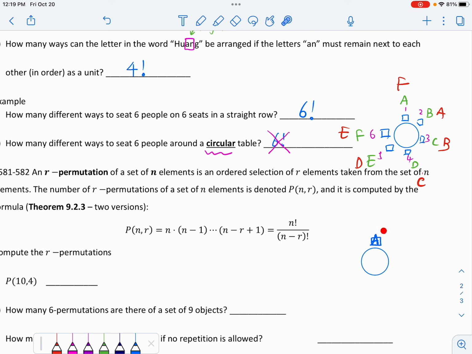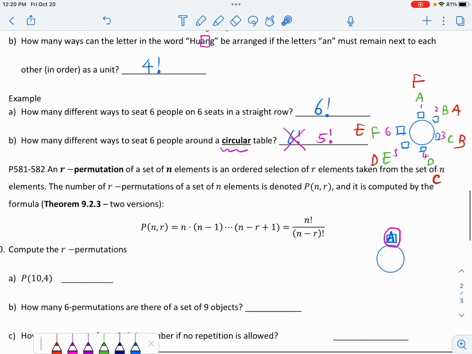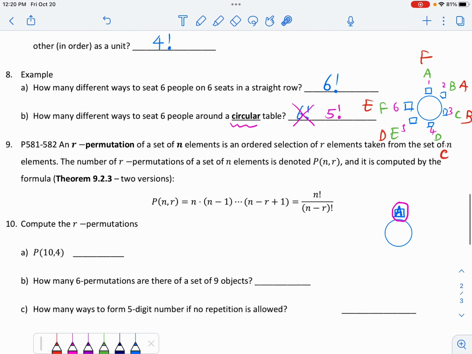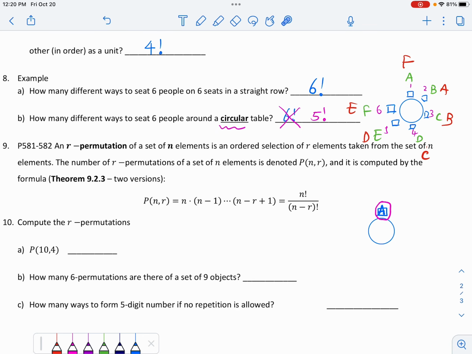Because A is already fixed, we don't have to find a seat for A. So there are 5 people remaining, so we'll have 5 factorial to count how many ways to seat 5 people. So this is a little tricky, and hopefully that makes sense to you. So be careful not to overcount.